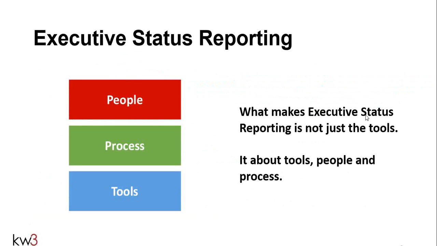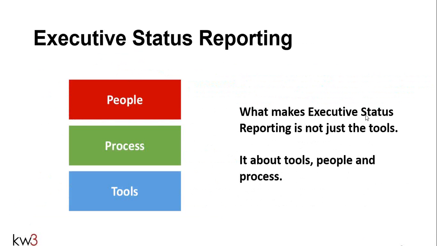So, when we think about executive status reporting, the first thought may be that this is truly just about a document or a report or a dashboard, an actual tool for the status reporting. But when you think about the enormity of what you're accountable for as a PM, whether project or program manager, it's really much bigger than that. The tool, the report, the document is just one piece, but it's really about people and process.